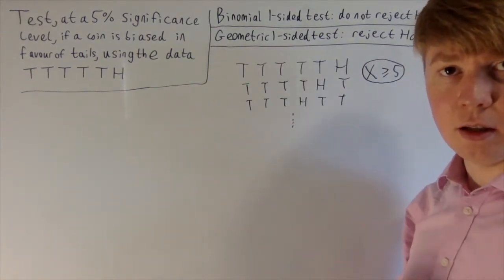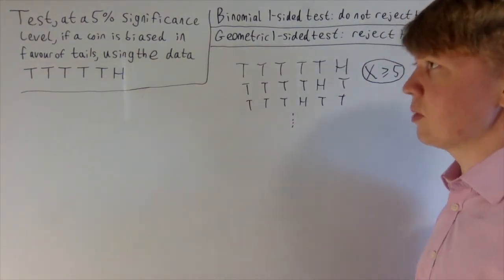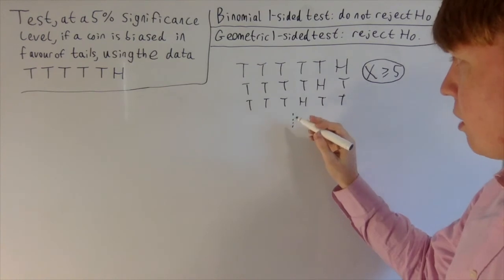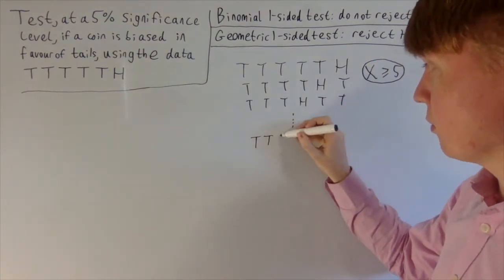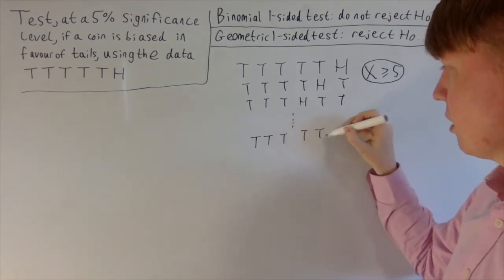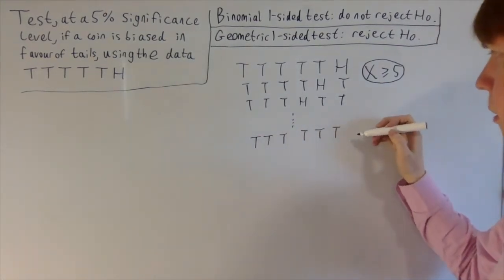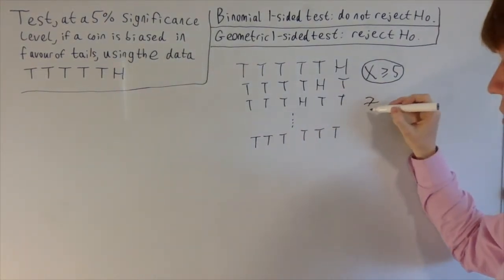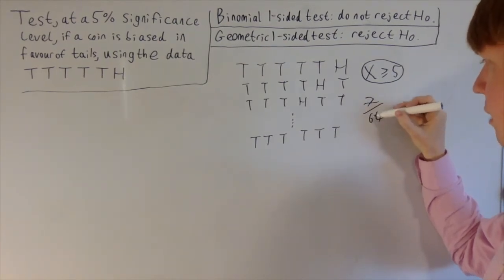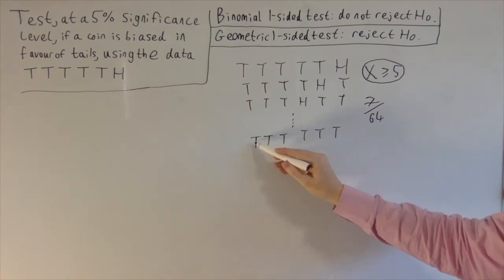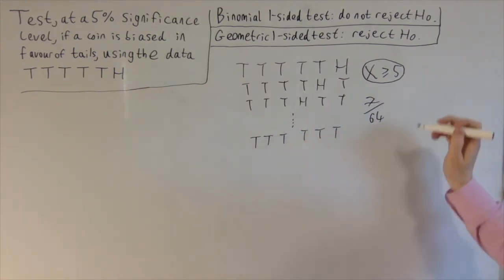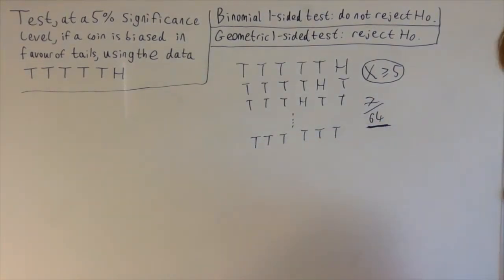This is basically our data or something more extreme. So we group together all of these. There are 6 combinations here. But then we also group this together with tails, tails, tails, getting 6 tails in a row. So this is what gives us a chance of 7 out of 64. There are 7 possibilities here, and then it's a probability of a half to the power of 6 for getting x greater than or equal to 5.